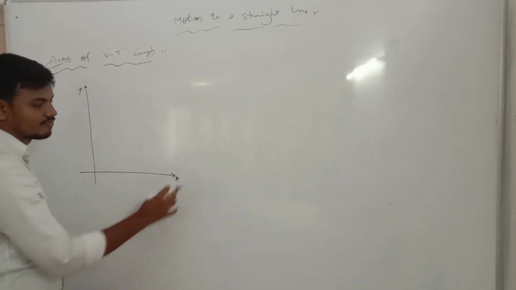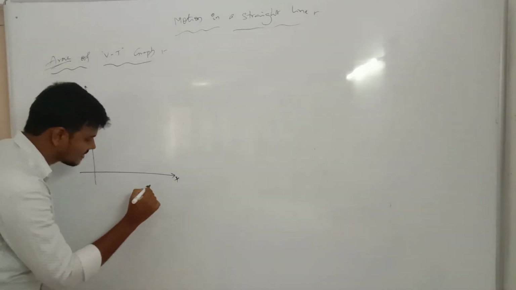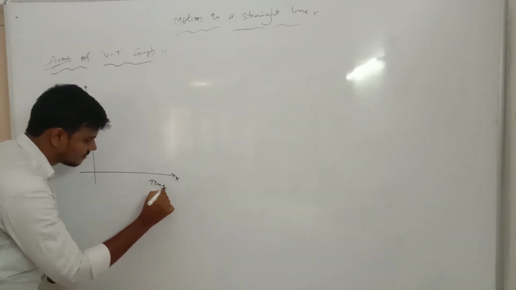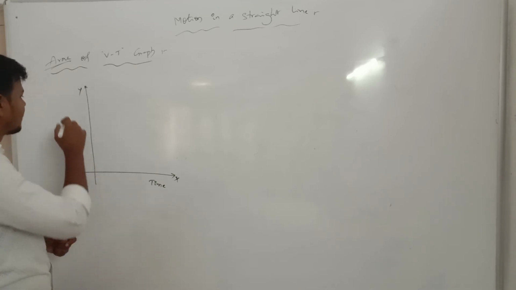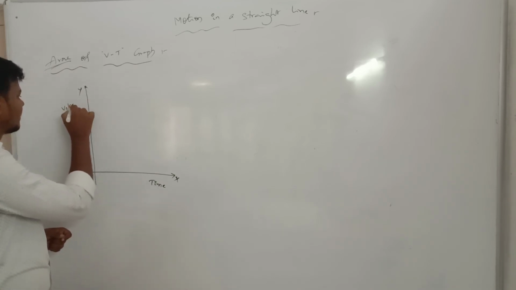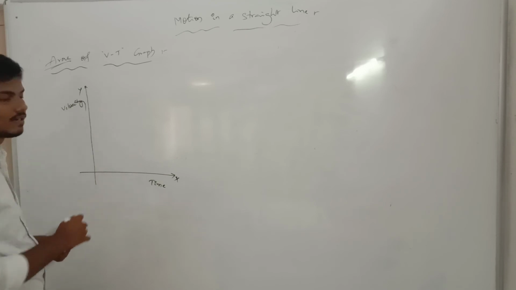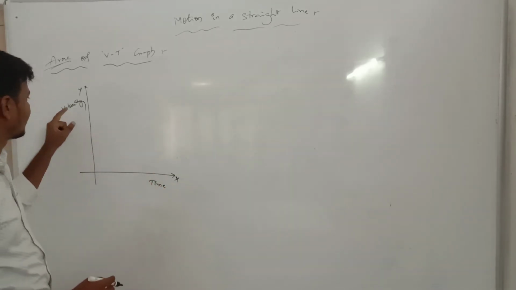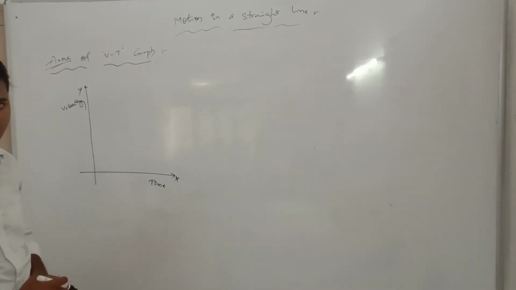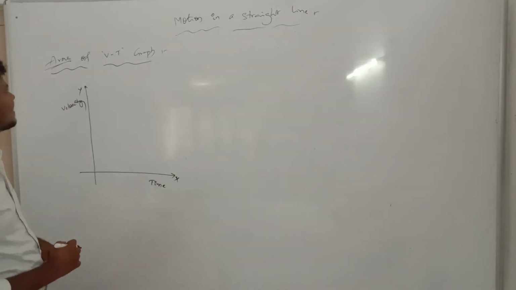Clear? The x-axis always represents time. The y-axis always represents velocity. First the x-axis is time, second the y-axis is velocity. Okay, right? Some interpretation of area.